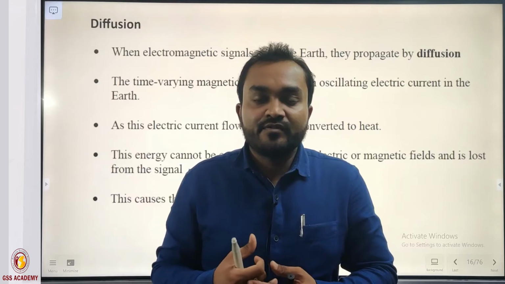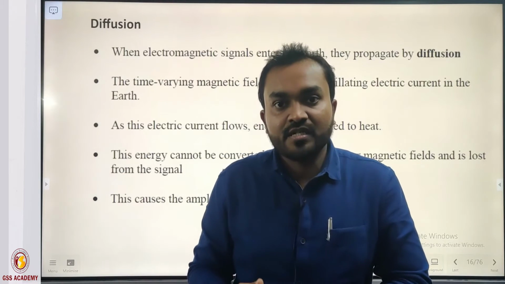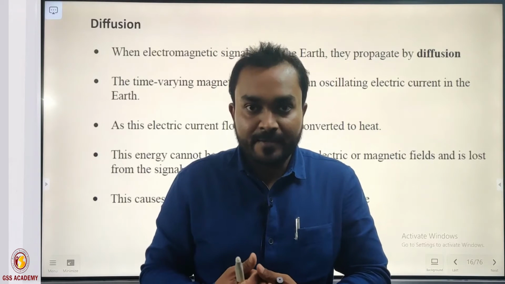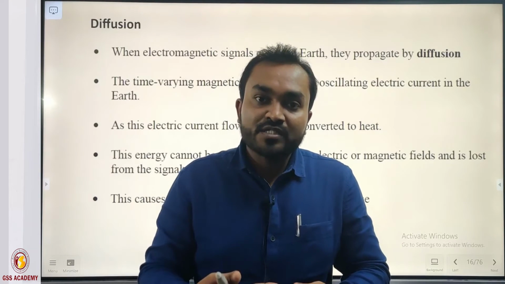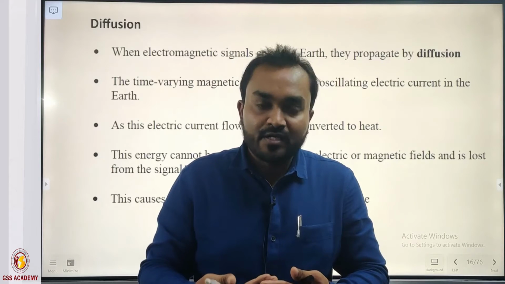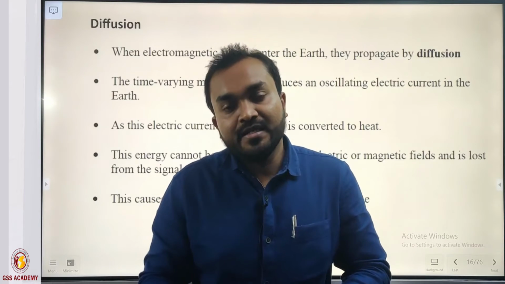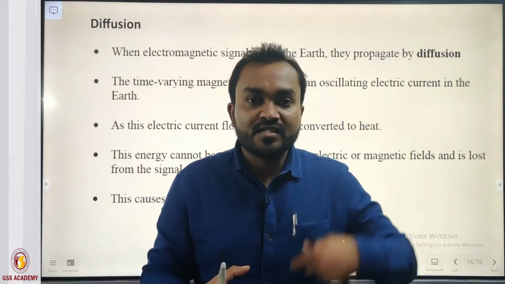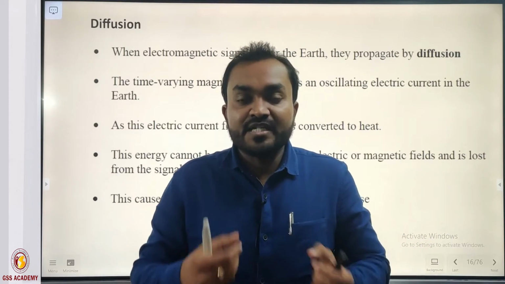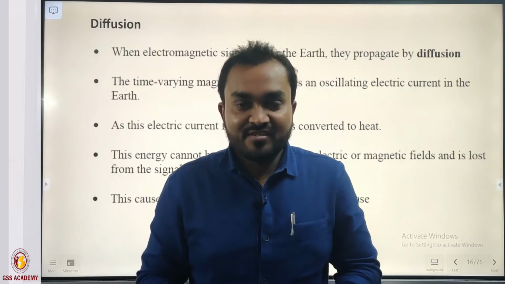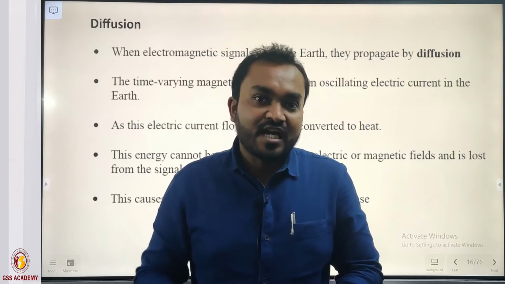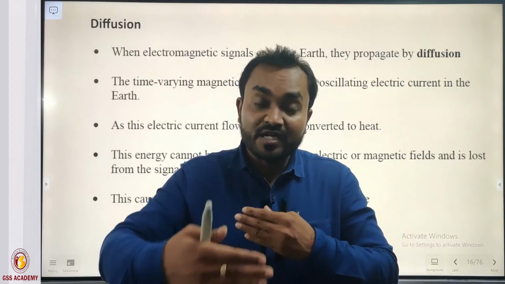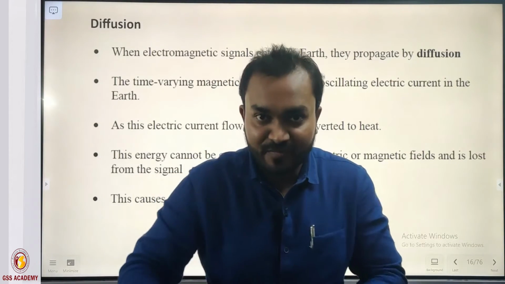But here, for a particular condition, the electromagnetic field behaves as diffusion. When this propagation will happen and when this diffusion will happen, I will describe when we solve the wave equation in terms of Maxwell's equations by using some conditions. I think in the next class I will discuss when this wave propagation will happen and when this diffusion will happen, okay.